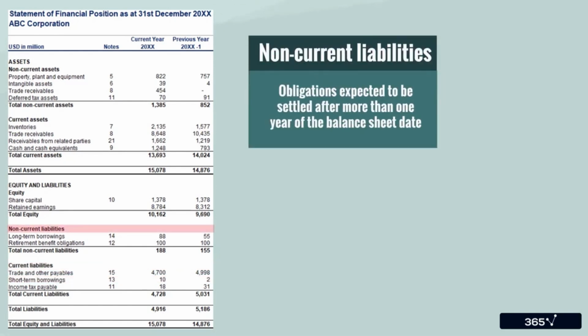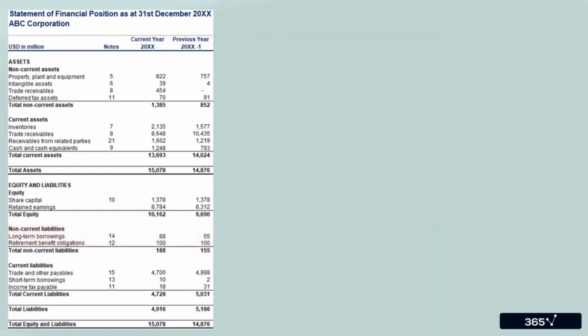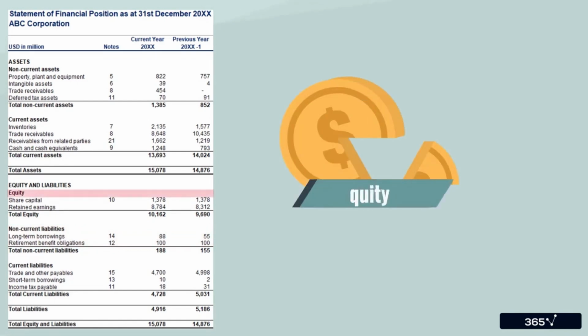These are obligations expected to be settled after more than 1 year of the balance sheet date. Some of the common items you will find in this section are long-term borrowings, deferred tax liabilities, and provisions for retirement benefit obligations. Finally, we need to balance up the balance sheet by estimating the expected owner's equity.